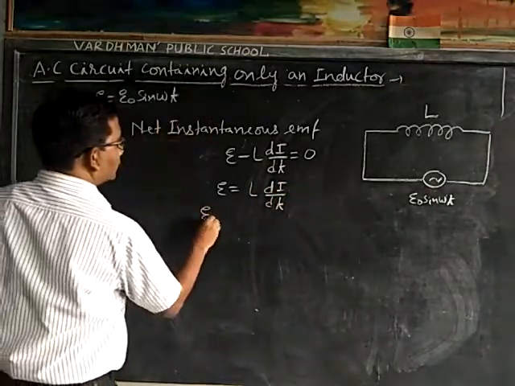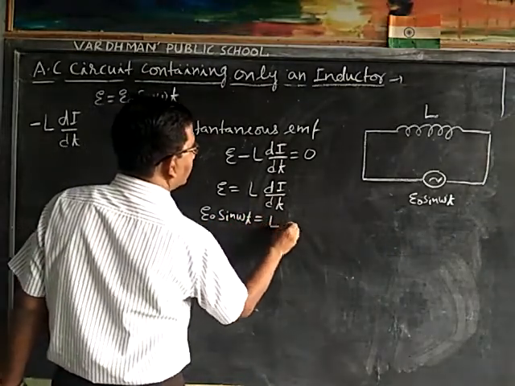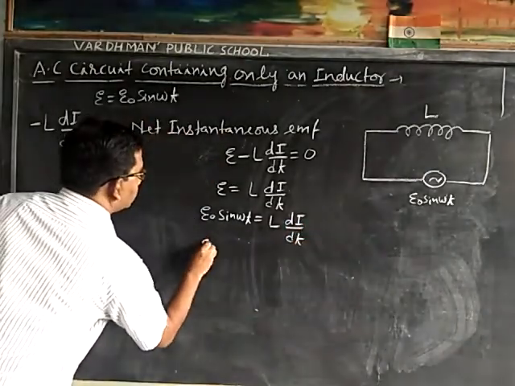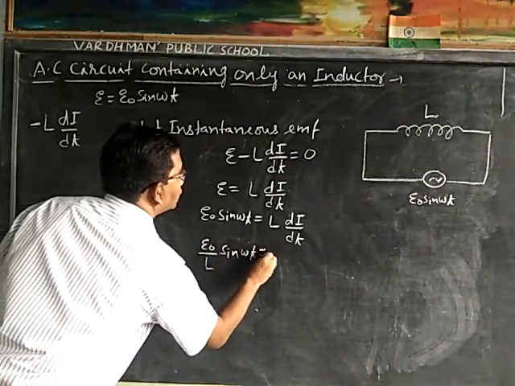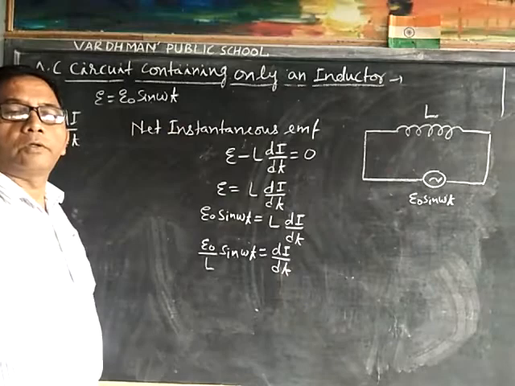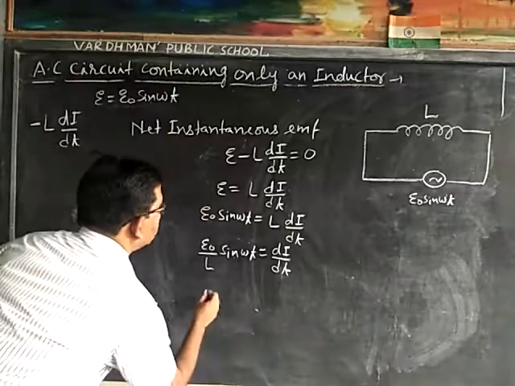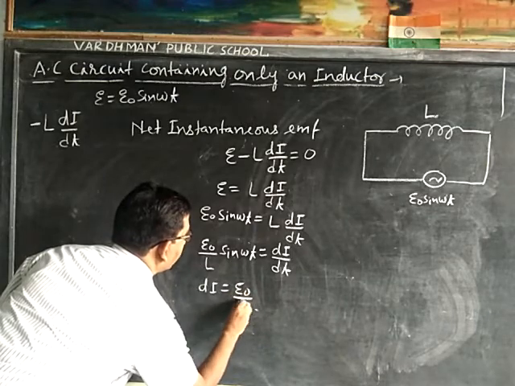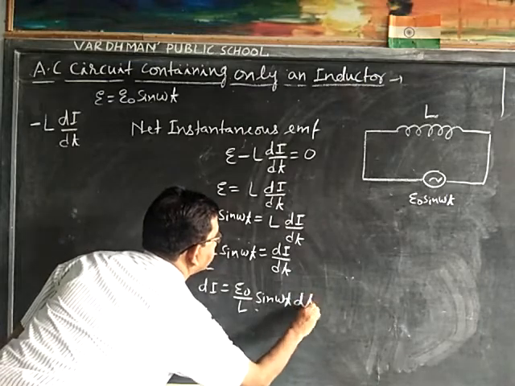This is written as E0 sin omega t is equal to L di upon dt. This is also written as E0 upon L sin omega t is equal to di upon dt. Now from here, di is equal to E0 upon L sin omega t dt.